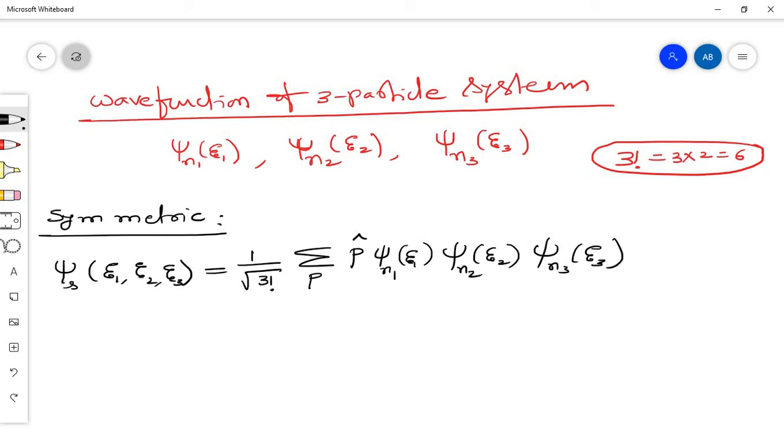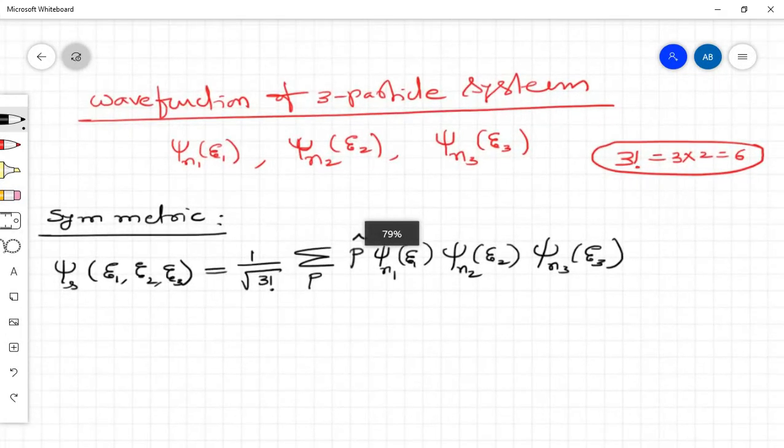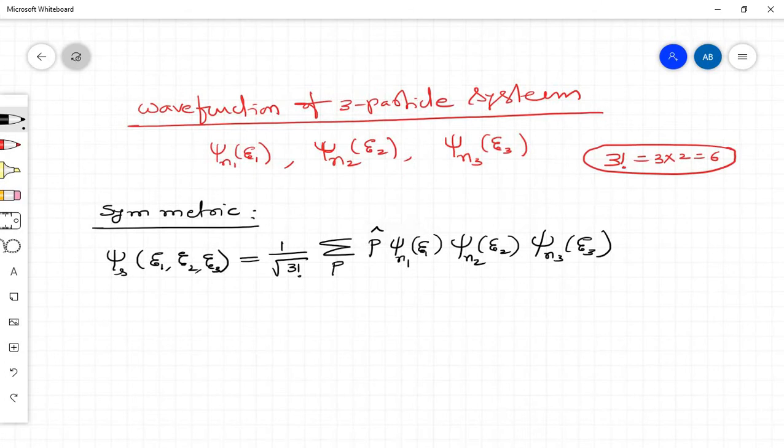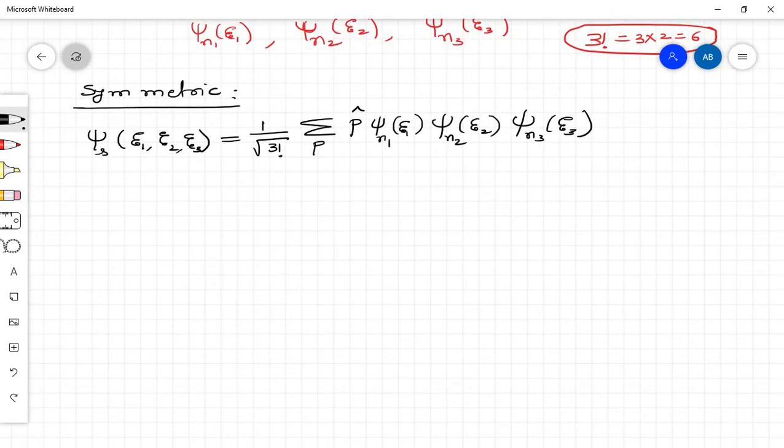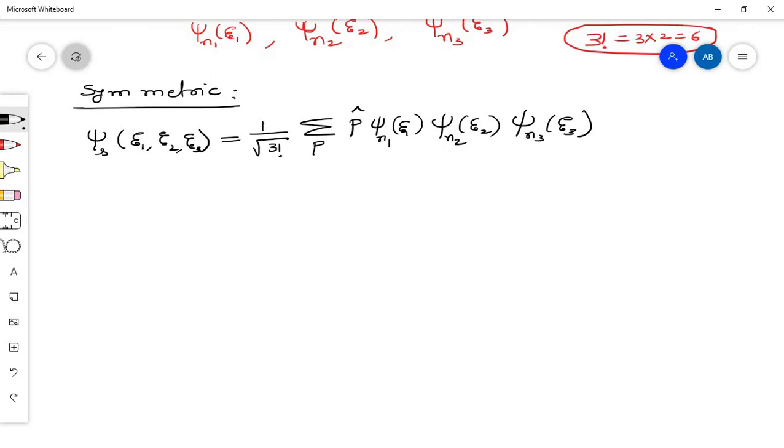Now you do all the permutations. So total 6 terms will come. So this will be equal to, of course, this 1 by root 3 factorial remains the same.